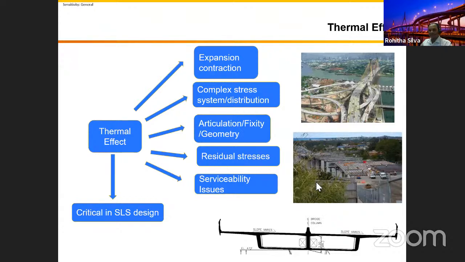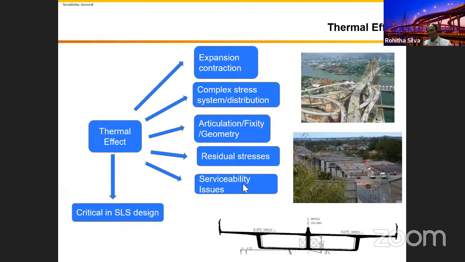Why do we have residual stresses in a bridge? You know we talk about residual stresses in steel, especially from cold work like welding, and we get residual stress when we bend it. Similar to that, in the bridge also, because of the thermal effect, we get residual stresses.